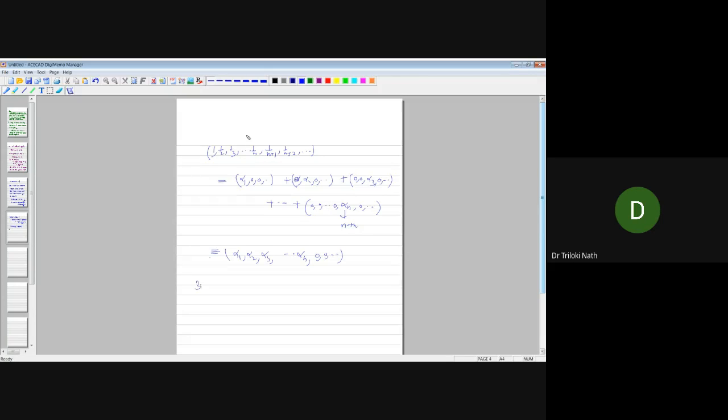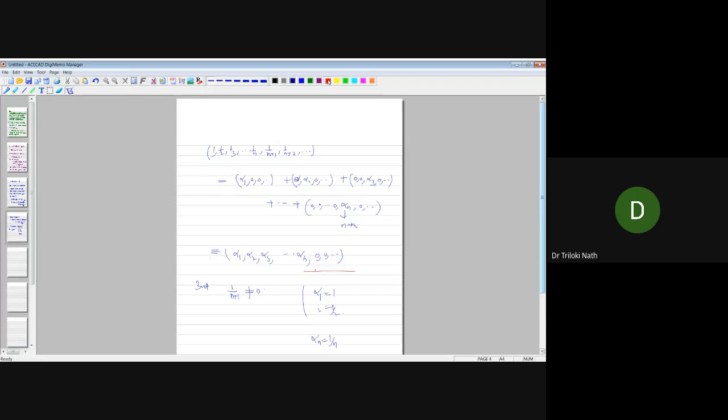But 1 upon n plus 1 is not 0. If you compare, alpha 1 must be 1, that's okay. Alpha 2 is 1/2, and so on. Alpha n is 1/n, of course you can take that. But after that, you have only 0, 0, 0 everywhere.